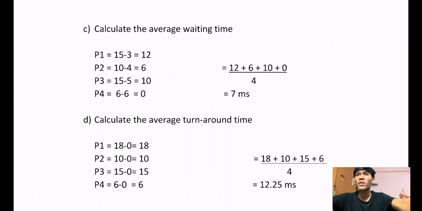And completion time for P1 is 18 and all of arrival time in any process is 0 and 18 minus 0 equal 18 and P2 10 minus 0 equal 10 and P3 15 minus 0 equal 15 and P4 6 minus 0 equal 6 and the calculation is 18 plus 10 plus 15 plus 6 per 4 equal 12.25 millisecond. That's the answer.